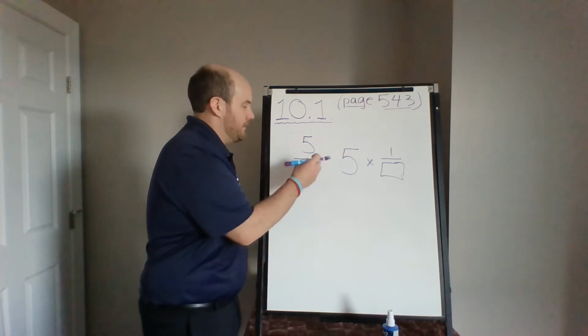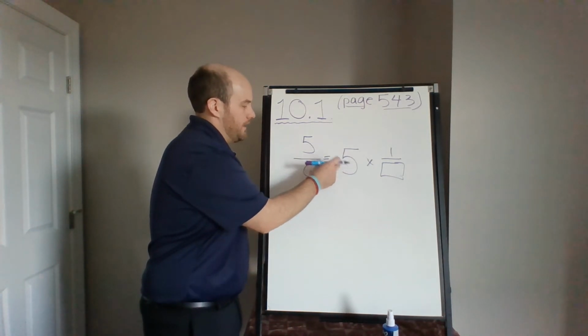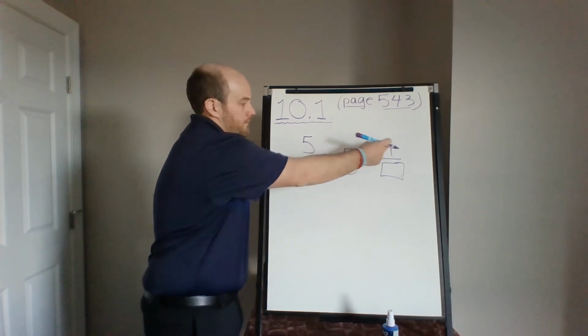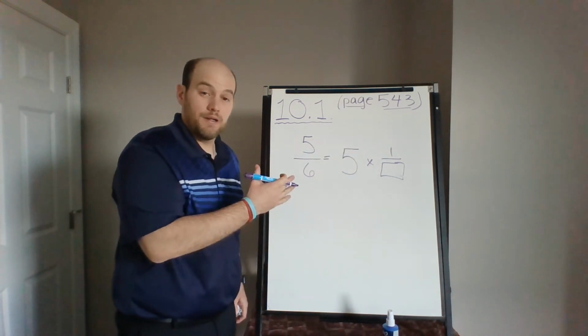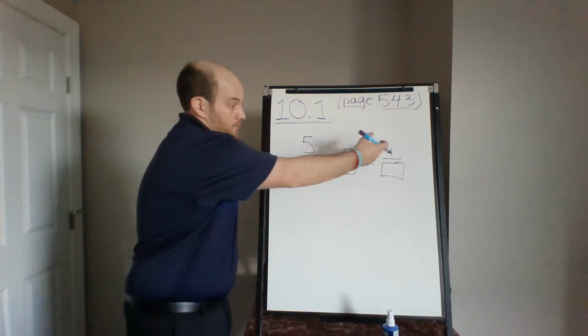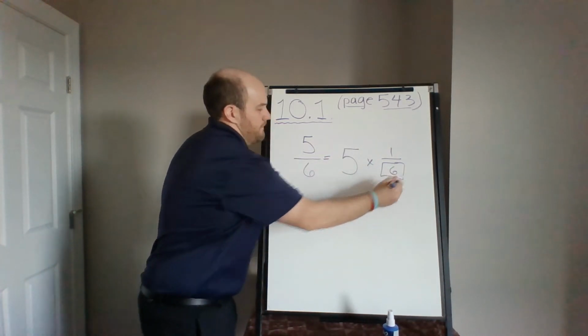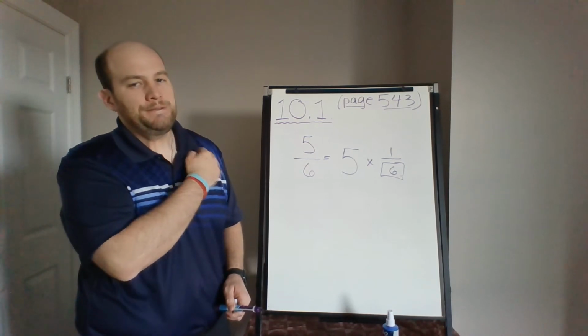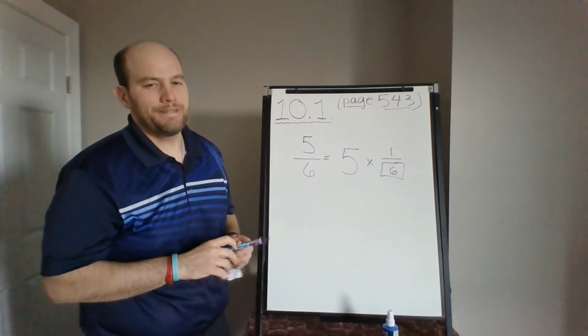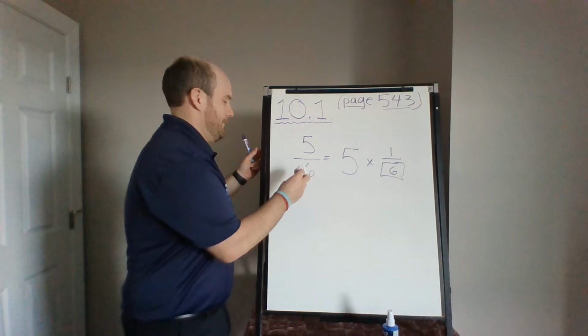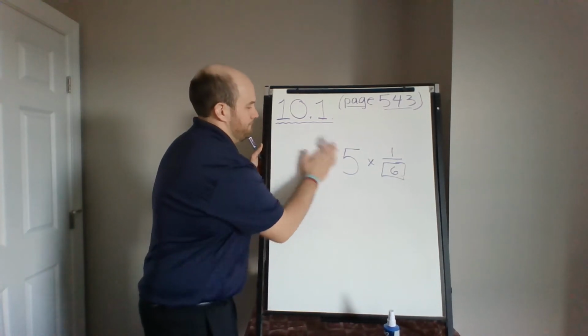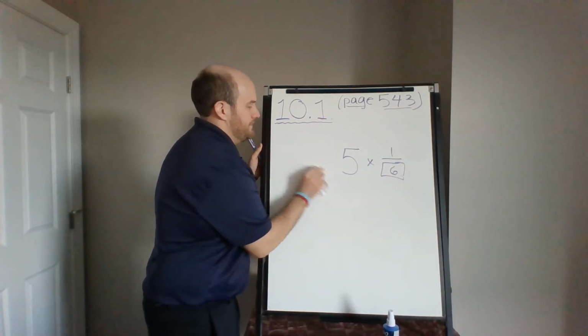So if I'm looking here, I have my 5, and I know that this whole number I multiply times my numerator, which would equal 5, because that's 1. And my denominator doesn't change. We got this. So make sure you put that 6 down there.